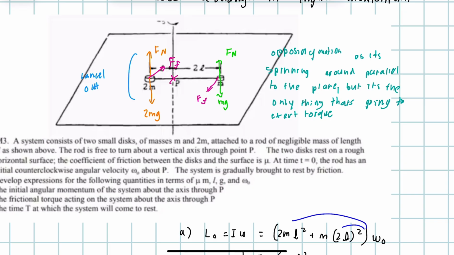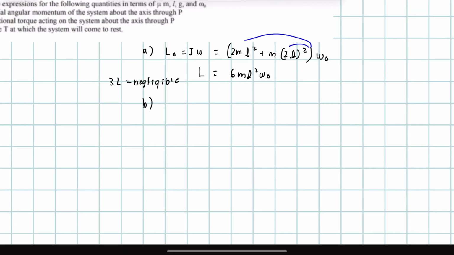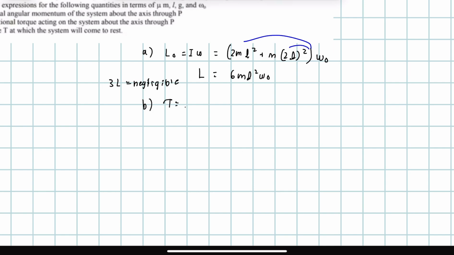The torque is that thing over there. You have L here, so tau is equal to F of the mass 2m times 2L.